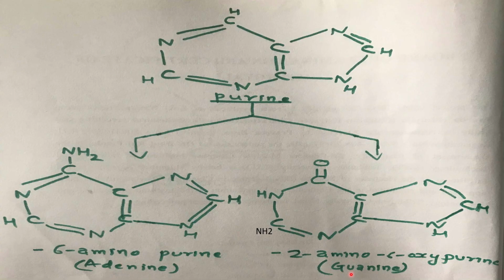Similarly, guanine has an amino group, NH2, in its second position carbon, and also an oxy group in the sixth position of the purine. So all you need to do is memorize this purine structure. With that, it's going to be very easy to memorize these two nitrogenous bases, adenine and guanine. It's too easy.